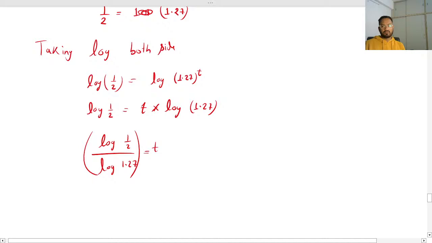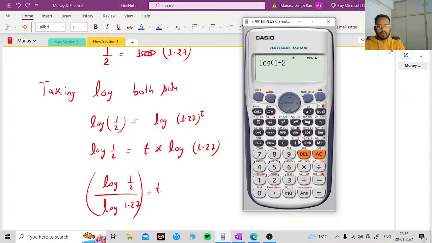So let's check once more. 1 divided by 2, or we can take 0.5 also, log 0.5, then divided by log 1.27.